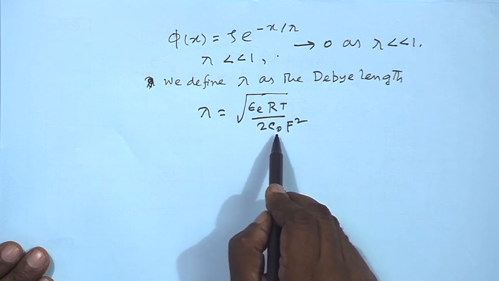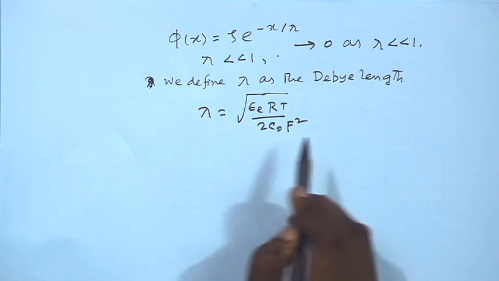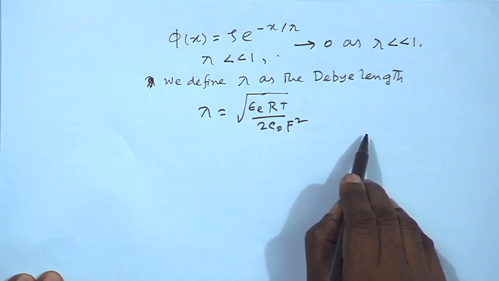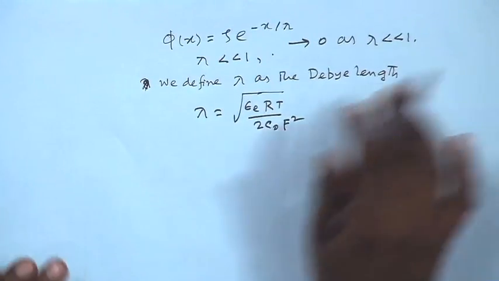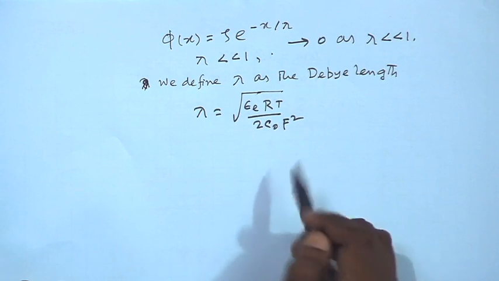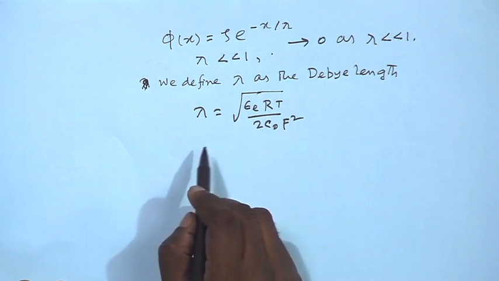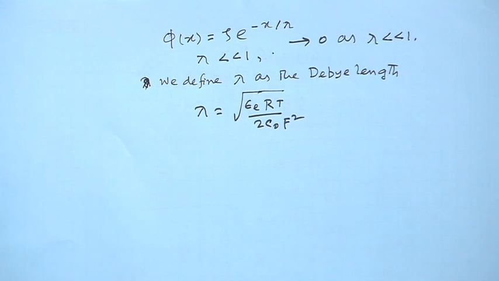Given an electrolyte with permittivity epsilon e, we can find the Debye length, which gives an estimate of the length up to which the charge situated at the surface is screened. So, we can say that for x larger than the Debye length, the charge density tends to 0.